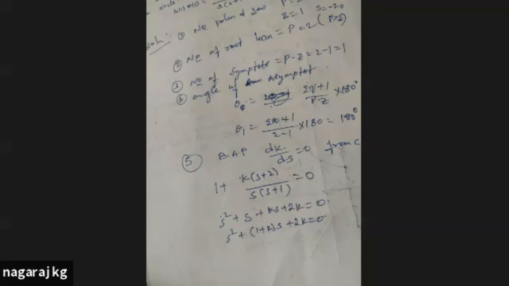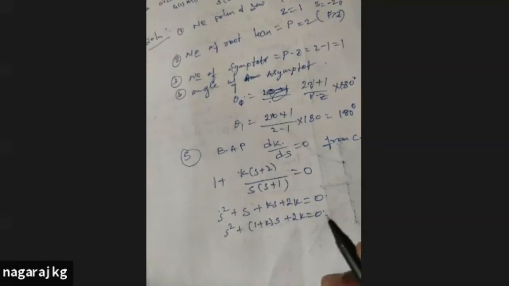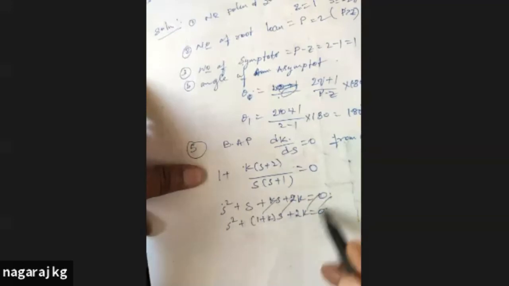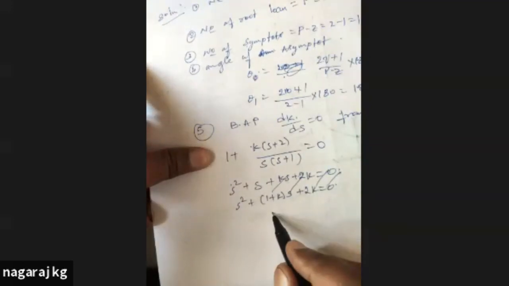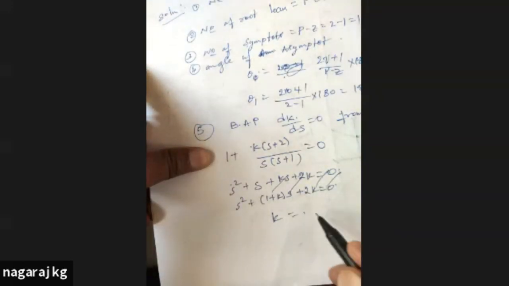Differentiate this with respect to k and equate it to 0 and get me the values of s. Or, I can do it like this. Instead of simplifying like this, I can write it as k is equal to minus (s squared plus s) divided by (s plus 2).